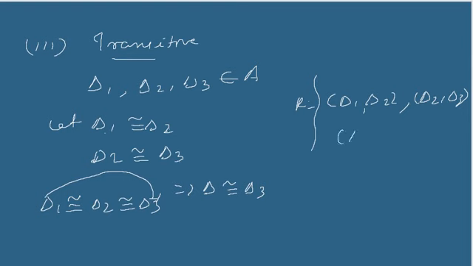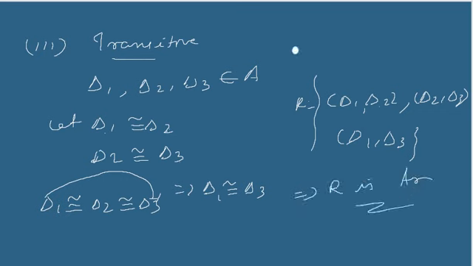So immediately you can write the ordered pair triangle 1, triangle 3 in this set R. So what you can see here: triangle 1, triangle 2 here, triangle 2, triangle 3 here, which implies triangle 1, triangle 3 is also present in R. So this implies R is transitive.